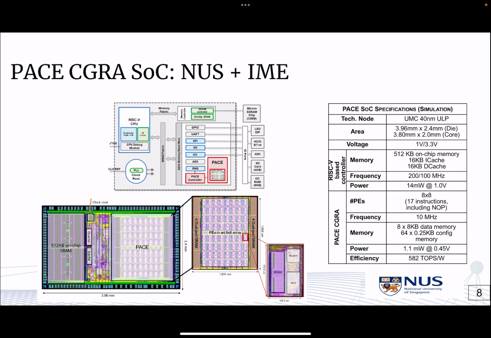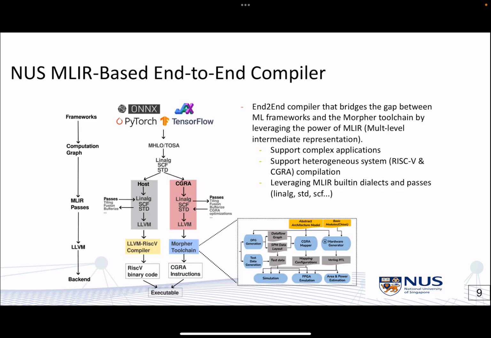This PACE CGRA SoC was developed in collaboration with NUS as well as the Institute of Microelectronics. As I mentioned, it has a CGRA accelerator coupled with a RISC-V CPU. I'm not going into the details of the CGRA accelerator, but the main focal point of this talk is the toolchain, how we developed the end-to-end compiler which can map applications onto this PACE CGRA chip.